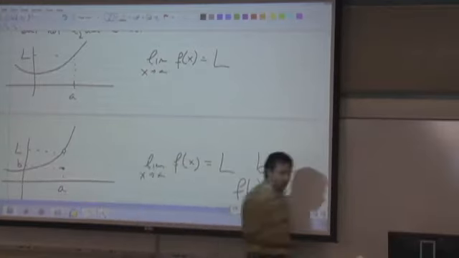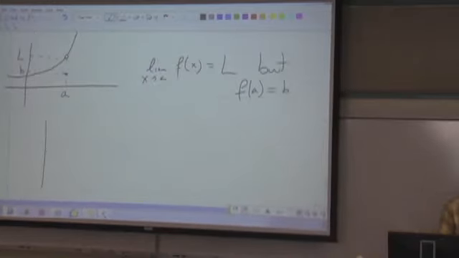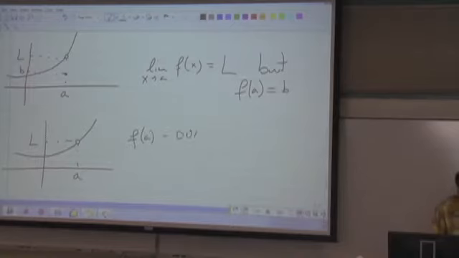Actually, moreover, I could have my function not even be defined at a, in the sense that f of a does not exist. Are you familiar with this notation, by the way?